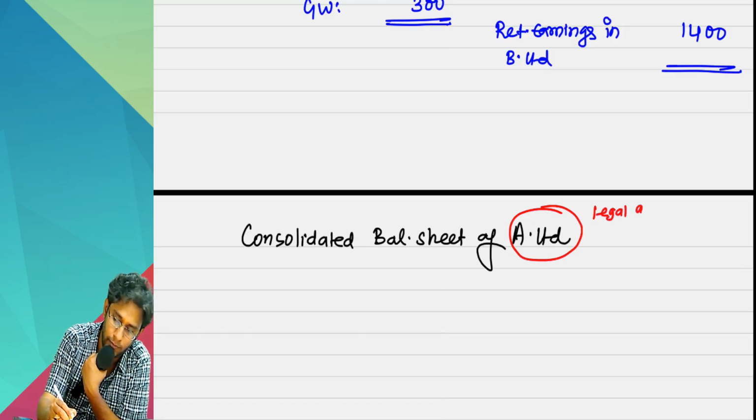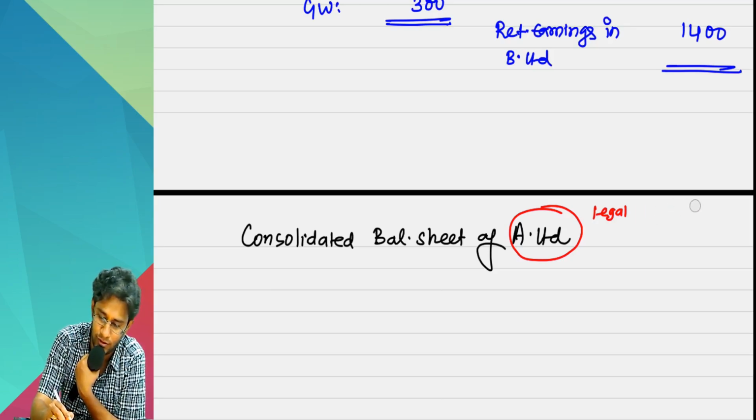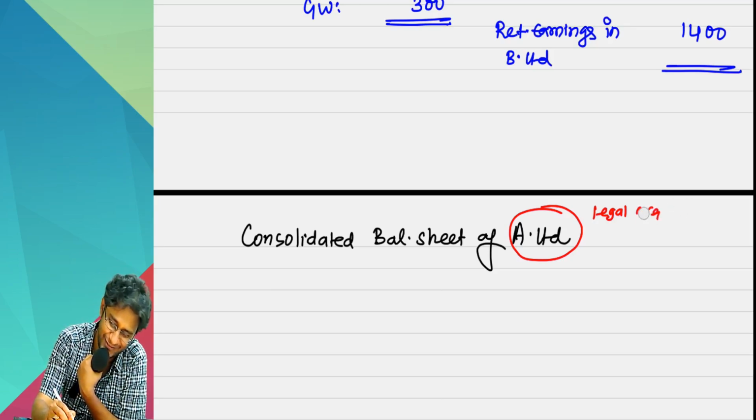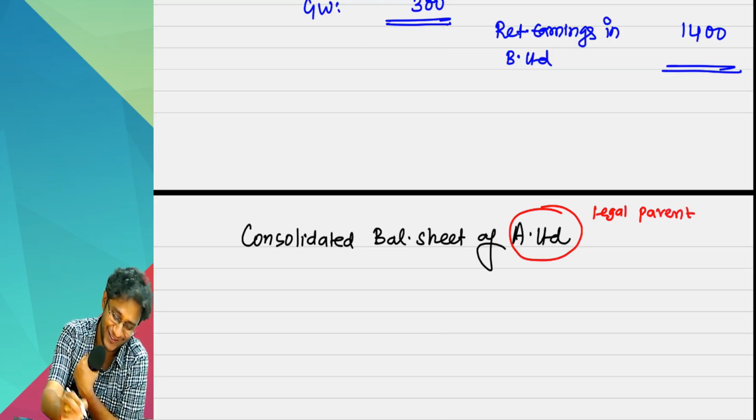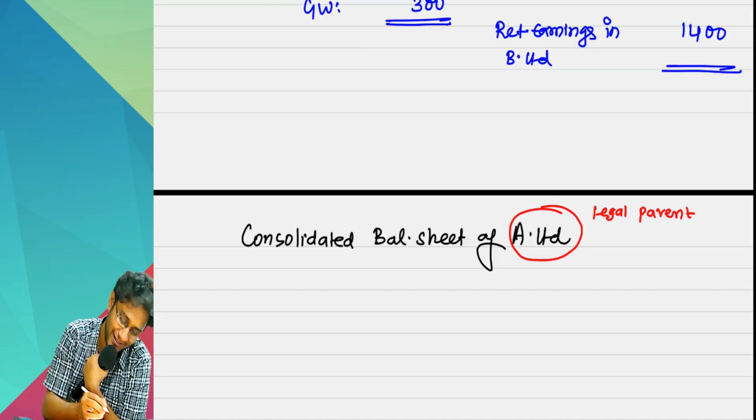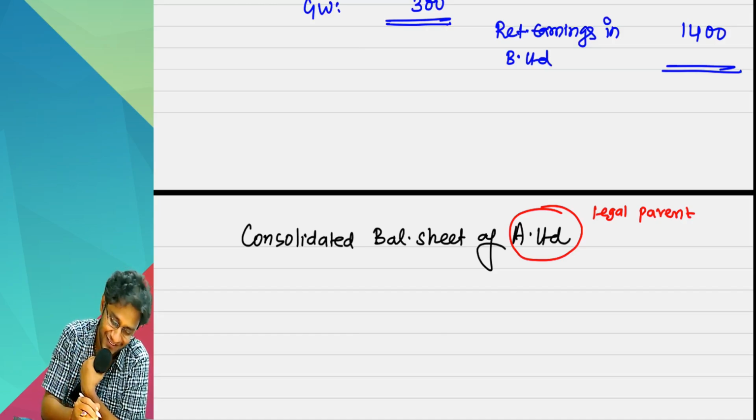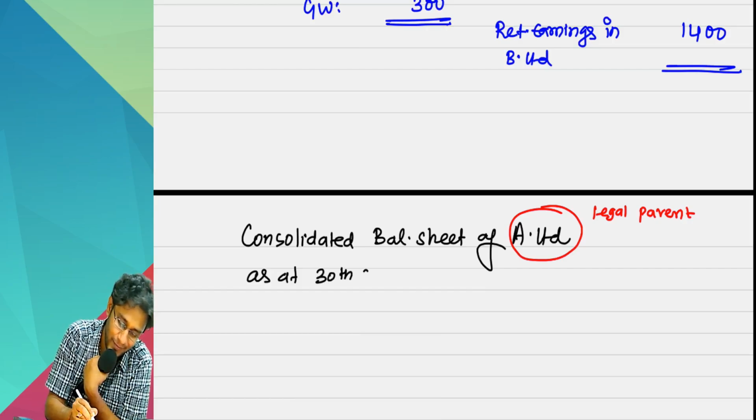Legal parent doesn't sound good. Let's say legal acquiree. Fine, leave it. As at 30th September 2021.